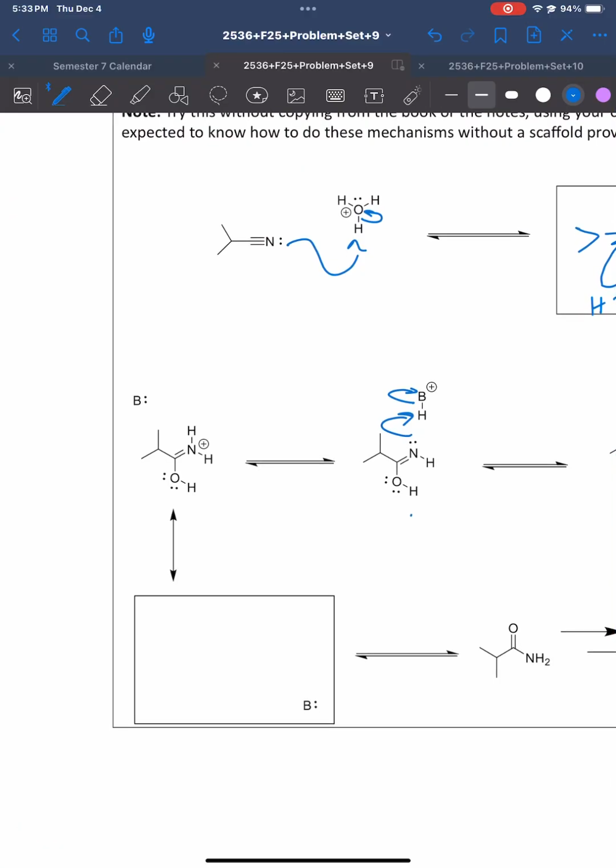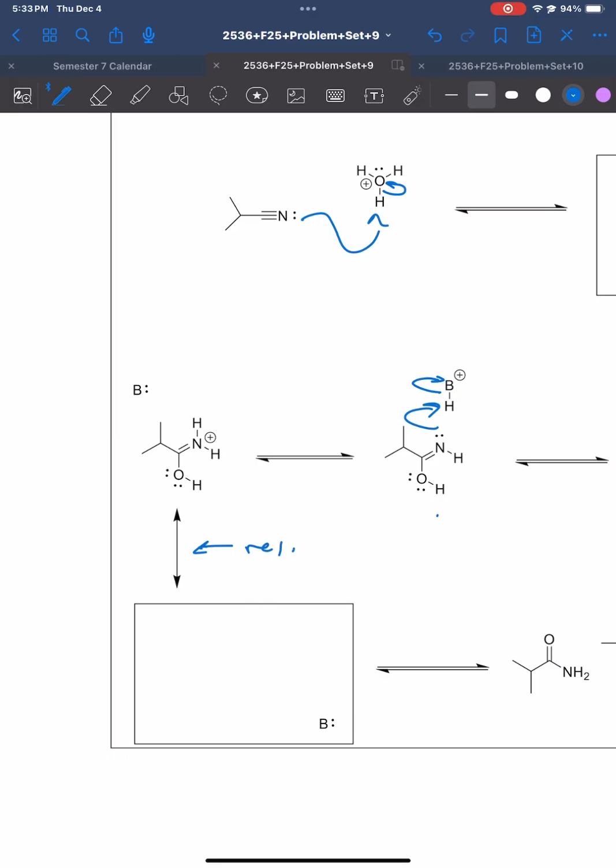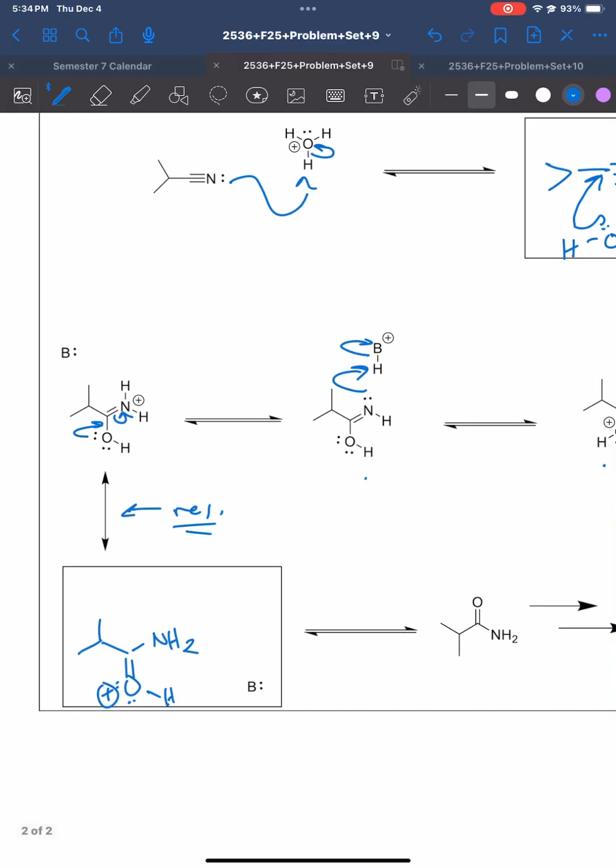This is a resonance arrow, not an equilibrium arrow. Please don't get it confused. So resonance can occur like this, forming something like this, NH2. All right. Draw the lone pairs here. In this step, we have any convenient base.